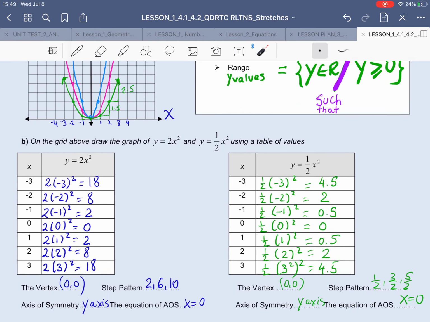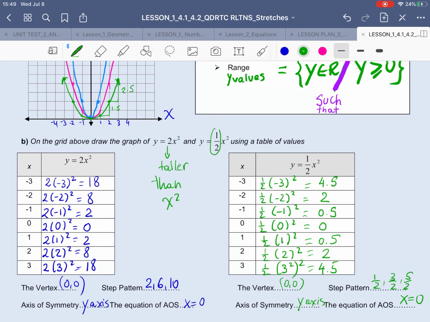times shorter, okay? So we say that if we place a number before x squared, the shape of the parabola will change. If this number is bigger than 1, it will make the parabola stretch, okay? So it will make the parabola taller than x squared.